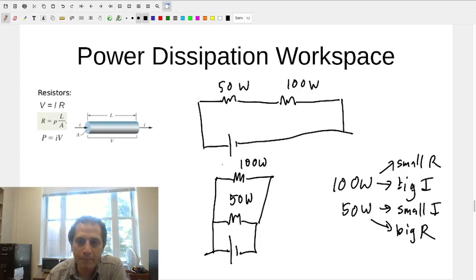So the fiendish way to think about this is that you could figure out what the current is in this sort of problem, because you would assume that you'd have 120 volts. So in this case, the smaller current through the 50 watt would lead this to be dimmer and lead this to be brighter.